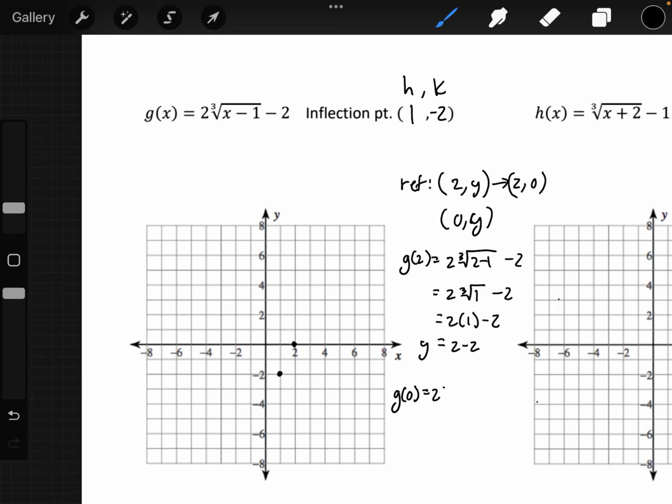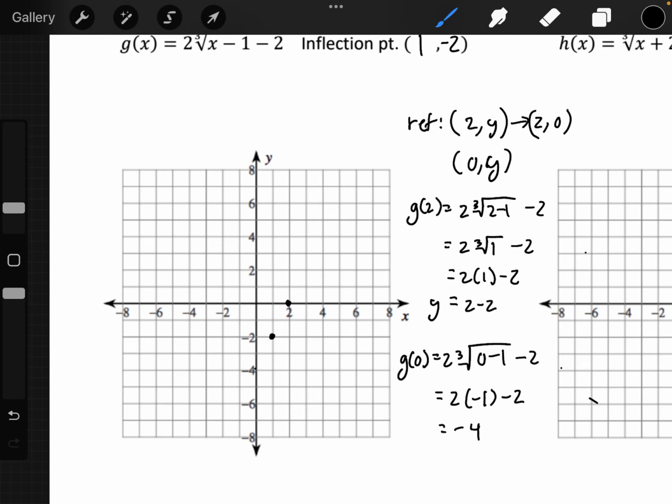And when x equals 0, g of x will equal 2 times the cubic root of 0 minus 1, minus 2. 2 times negative 1 minus 2 equals negative 4. So at 0, y equals negative 4.